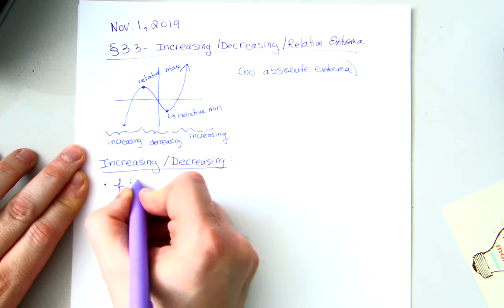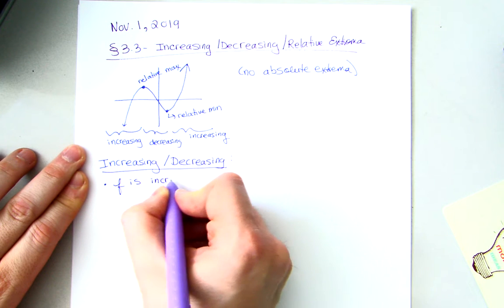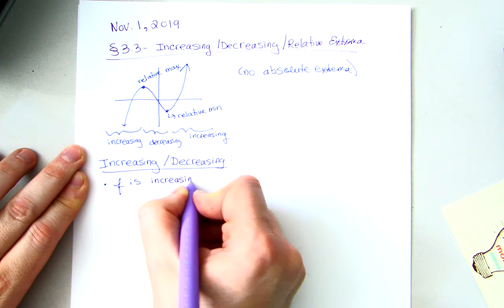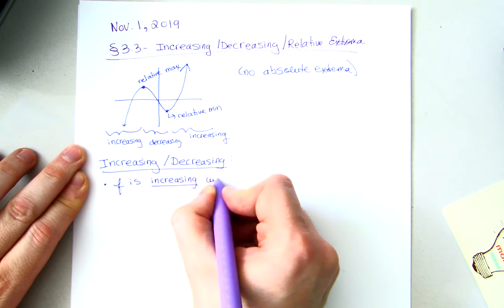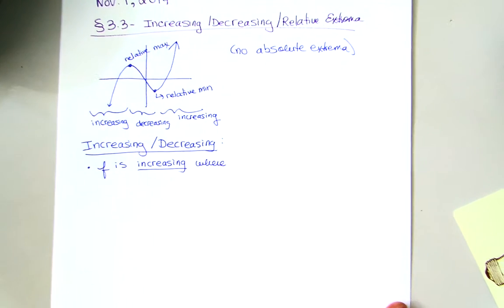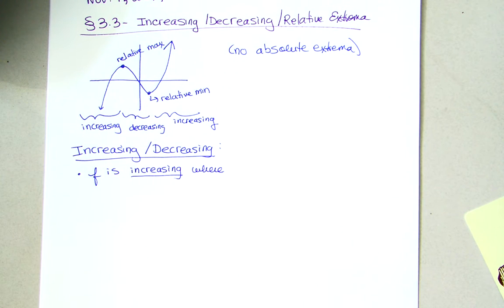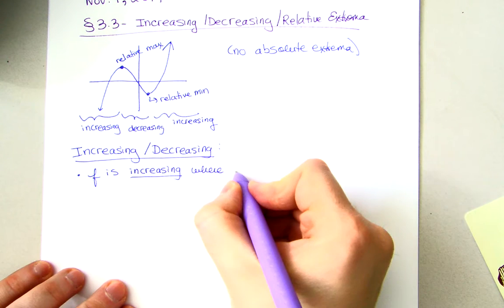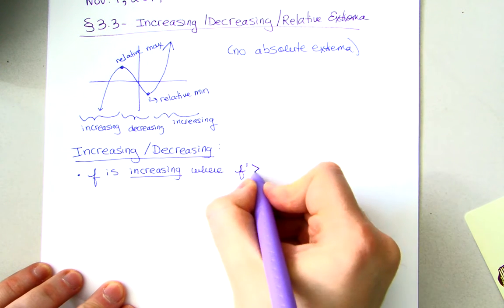F is increasing where, here's our definition. I'm increasing over here. What do you know about the derivative there? Positive. Positive slope means increasing. My definition of increasing is we're increasing where f prime is positive.